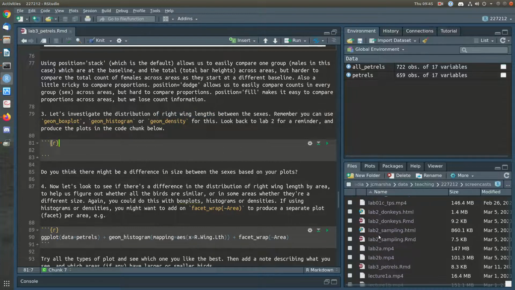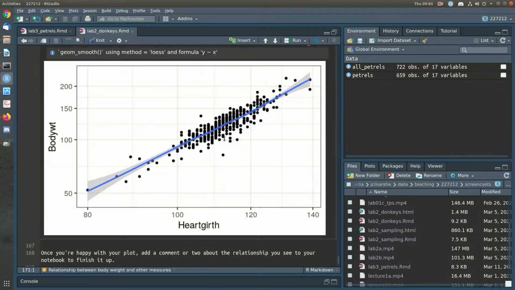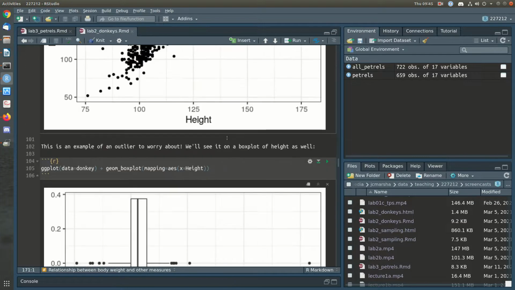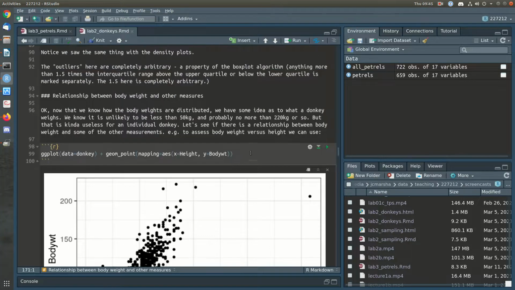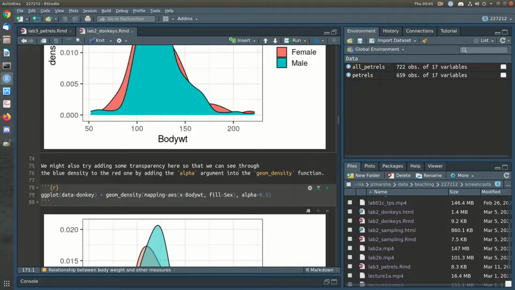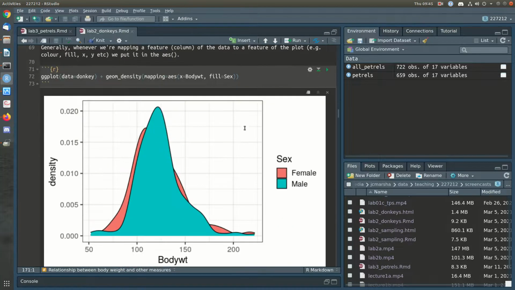So let's jump back to Lab 2, where we looked at the distribution of heart girth, or height by body weight. Body weight by sex. That would be a perfect one to copy, because essentially we want to do the same thing here, except we want to use right wing length instead of body weight, right?